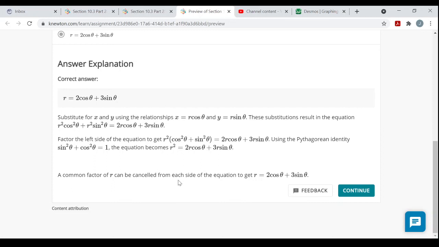Some equations in polar are very difficult to transform to rectangular in a nice, convenient way. But I'm hoping that they give you equations that are reasonably simple. This one wasn't terrible.